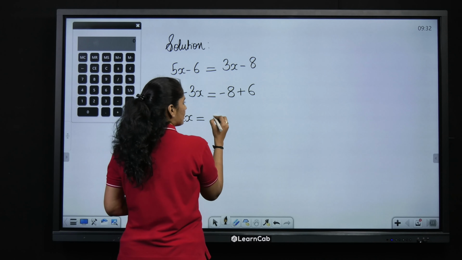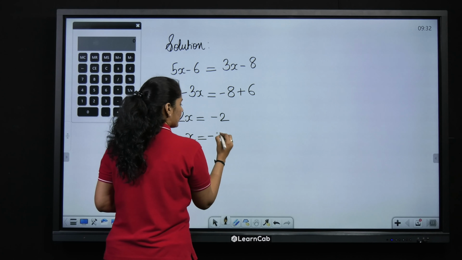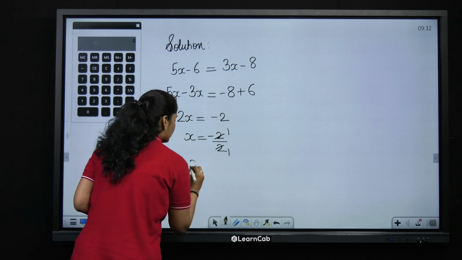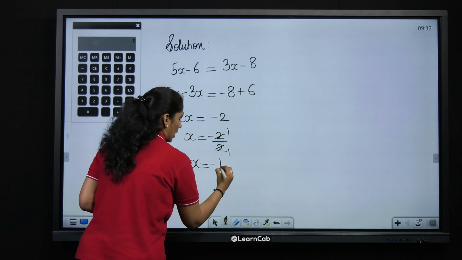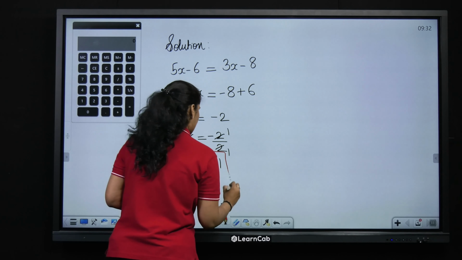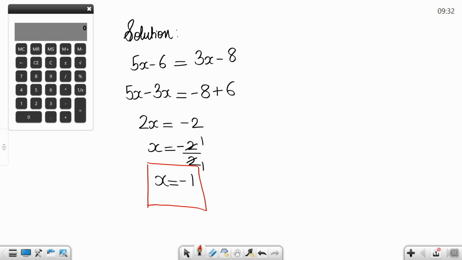Minus 8 plus 6 is minus 2. x is minus 2 upon 2. So the value of x equal to minus 1. And that's the solution for the problem. So this was a very simple example on simple equation.